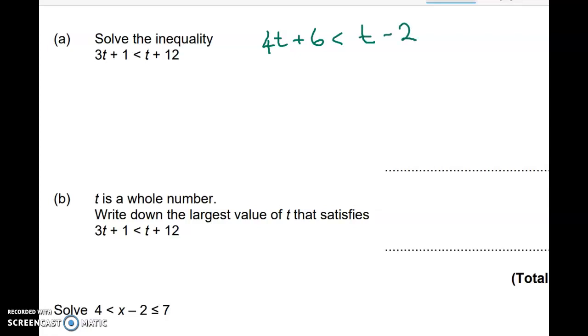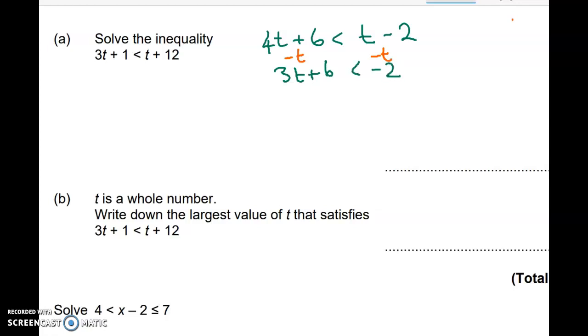I'm going to use my undoing to find out what t is worth. The smallest t here is just t, because 4t is more, so I'm going to take away t from both sides. So I'm left with 3t's plus 6 is less than minus 2.